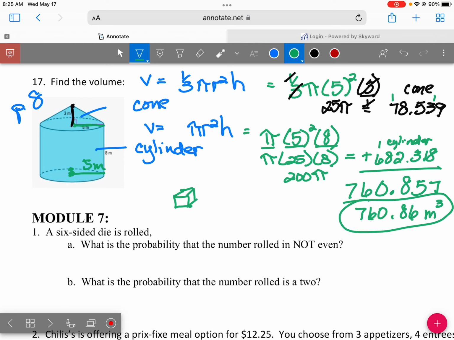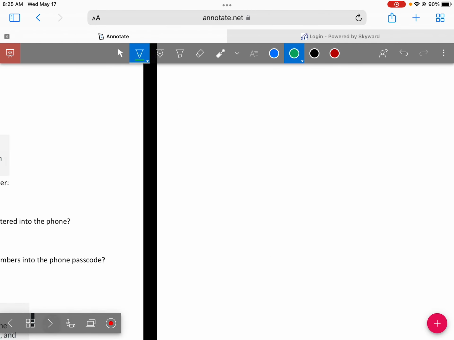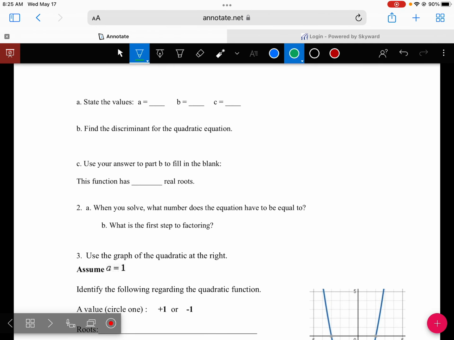Okay, now let's jump to page 11. Page 11, and let's get to the quadratics. All right, and mine happens to be cut off and on the opposite page, which is really annoying.